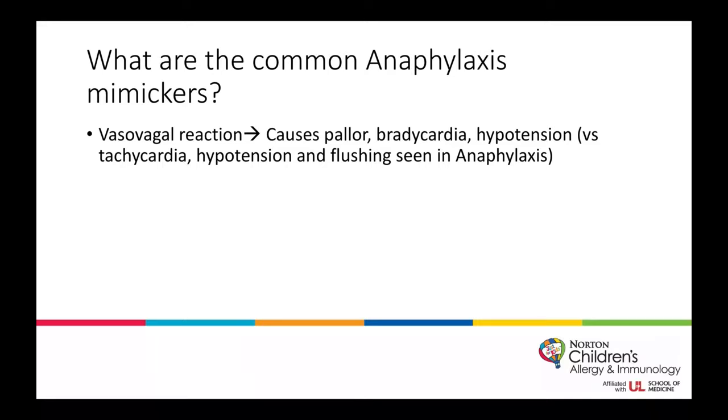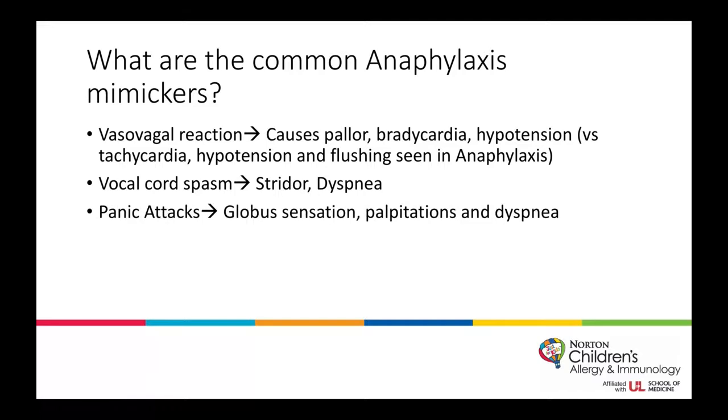Vasovagal reactions present with pallor, bradycardia, and hypotension. In anaphylaxis, we tend to see more flushing than pallor, along with hypotension and tachycardia. Vocal cord spasm is a big one, especially in adolescents and teenagers. And then, of course, most commonly, it would be anxiety or panic attacks.